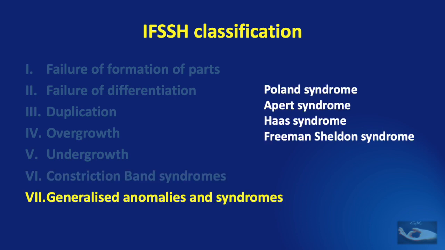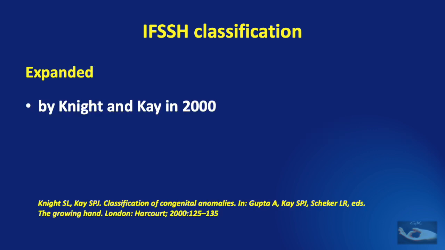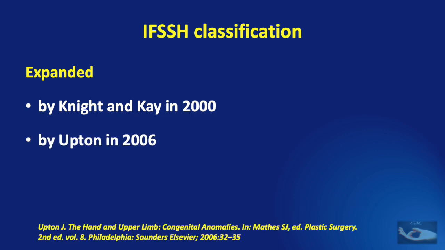The seventh category was generalized anomalies and syndromes, which included innumerable syndromes including the Poland syndrome, Apert syndrome, Haas syndrome and the Freeman-Sheldon syndrome. This IFSSH classification was further expanded by Knight and Kay in 2000 and by Upton in 2006.